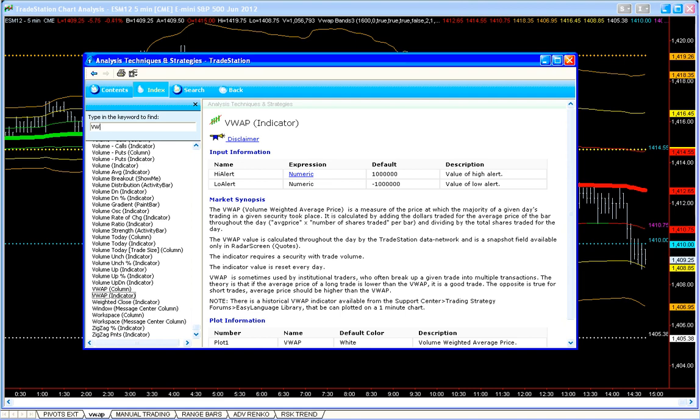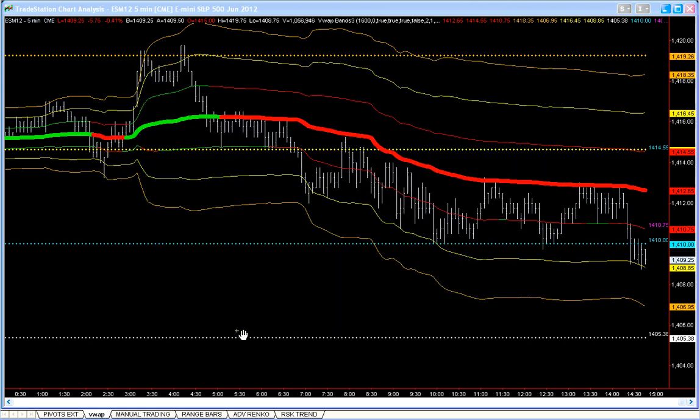This isn't entirely accurate when it comes to the ES, because the ES doesn't trade in shares, of course, but rather in contracts. So what is important is the number of days back that you have on the screen. That's going to adjust the VWAP slightly.